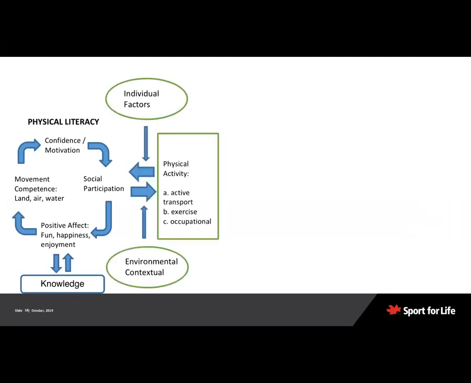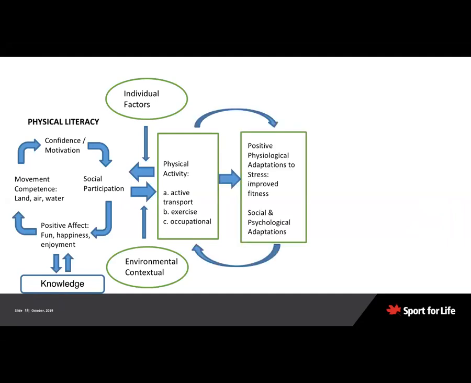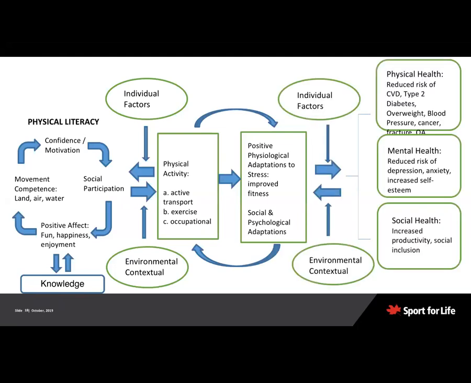With this model, we know with more social participation, we increase transport and various other components. There's an environment and individual factors that happen. There's positive psychological components that happen from this activity, okay? And then from there are individual factors and environmental context there.